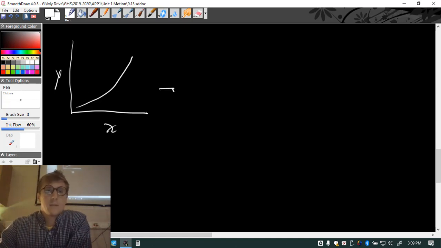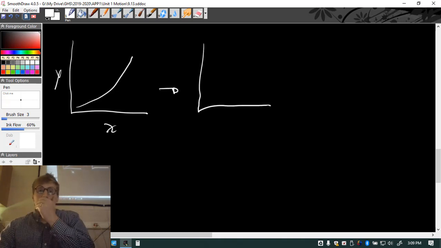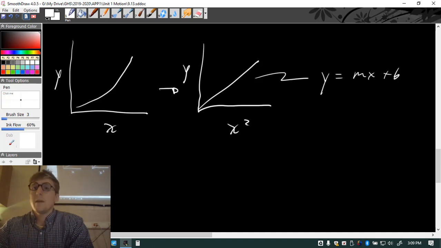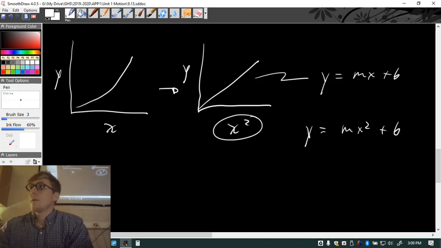Then we regraphed it, y versus x squared, and now we got this straight line. The general equation for a straight line is y equals mx plus b, but here our x value isn't just x, it's x squared. So the equation for this would be y equals mx squared plus b.